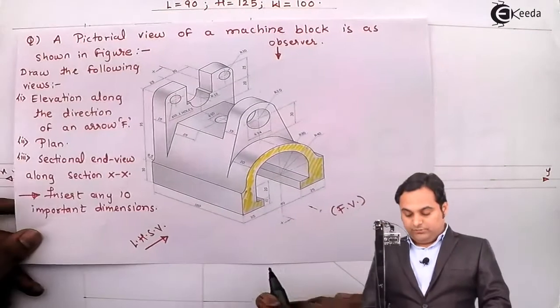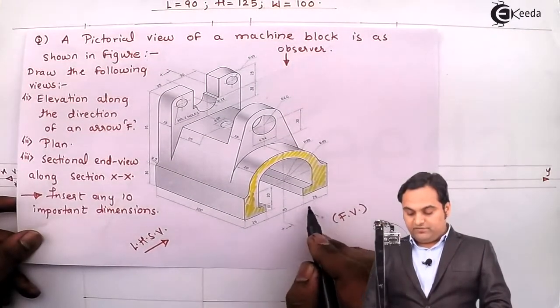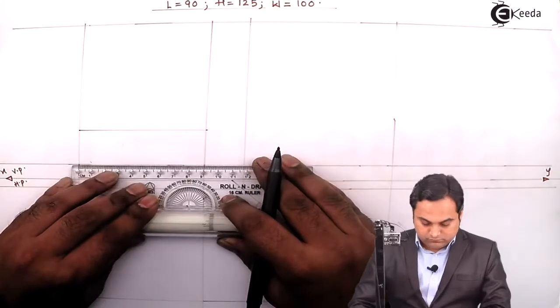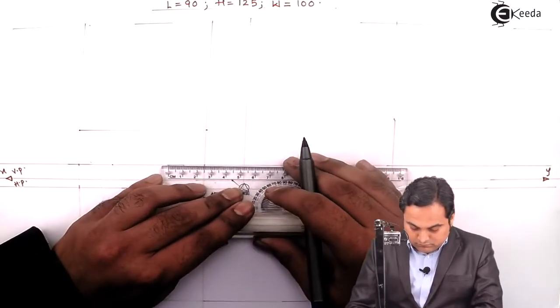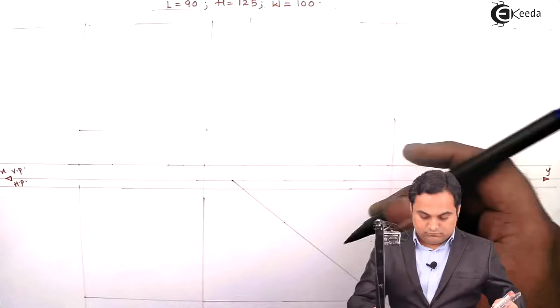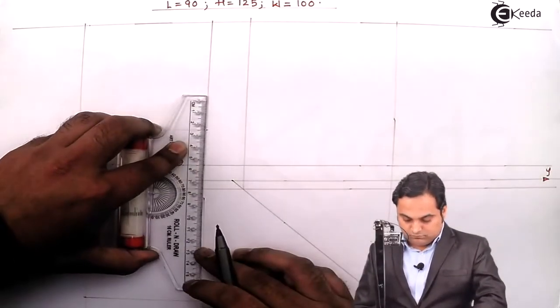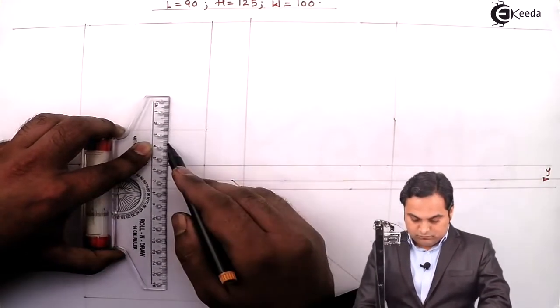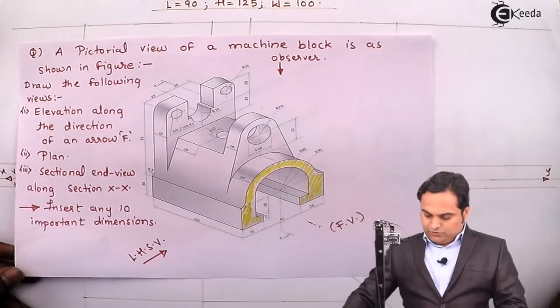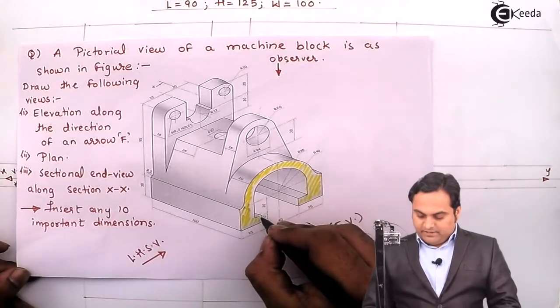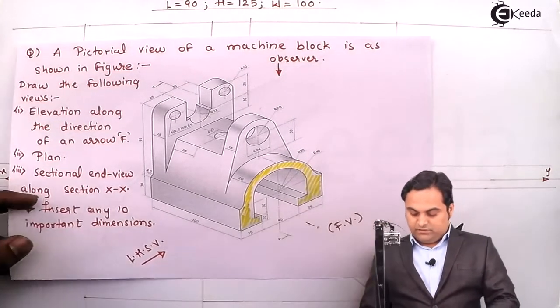Then from the bottom here the length is 25 and even onto the other side. Drawing light vertical lines through them. So here this portion is having 10 mm height and then it goes inside.